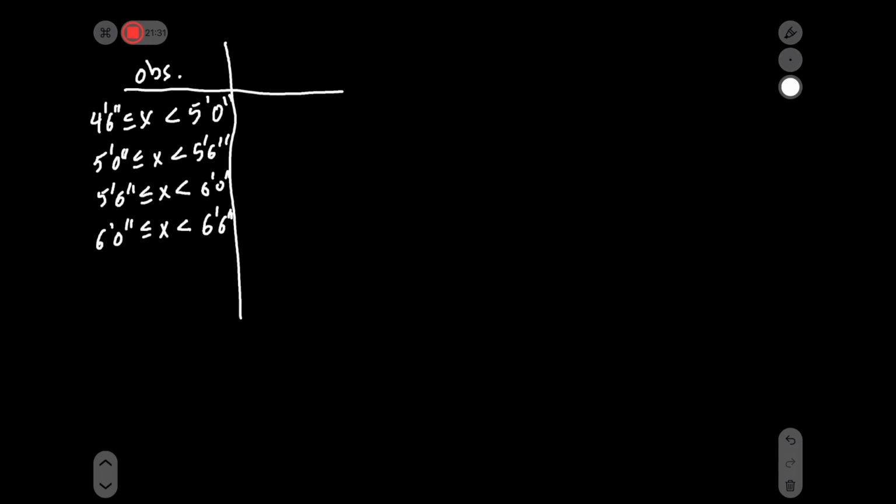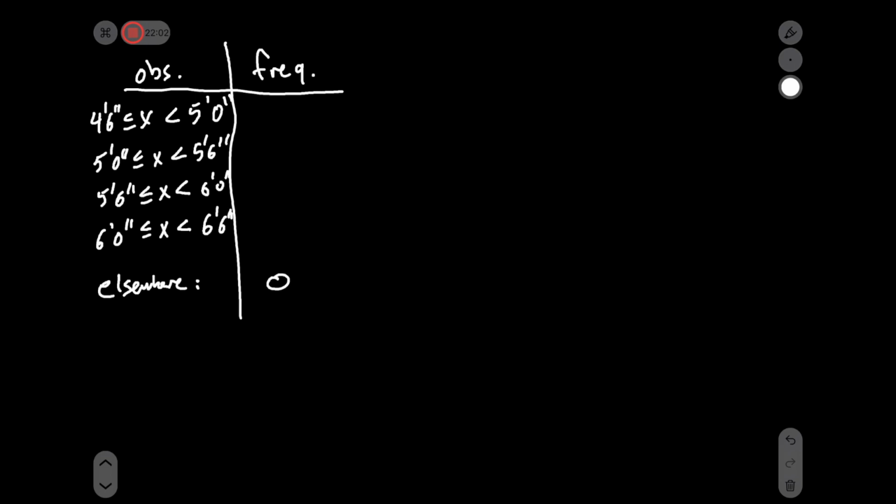Okay, and we're just going to assume that elsewhere there are 0 people in the class that do not fall within this range. Okay, so we took everybody's measurements. We didn't find anybody that was 6.5 feet taller or less than 4.5 feet tall. So these are the observations, the categories, or the groupings, and then let's create a column for the frequencies.